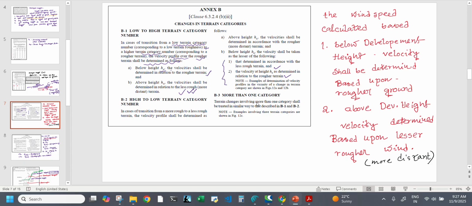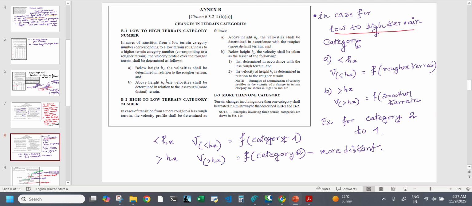That means for above this the velocity shall depend upon the rougher terrain. That means in case of low to high, it depends upon the rougher terrain and greater than for smoother terrain.